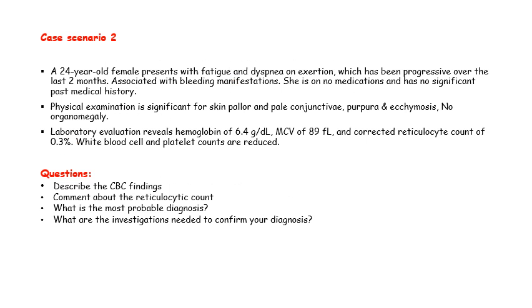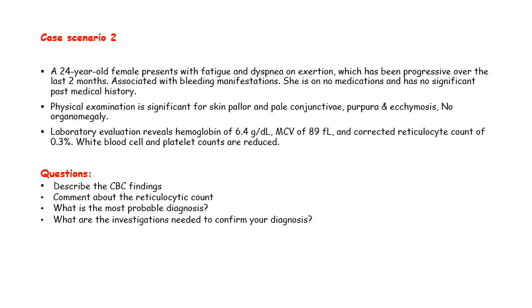The second case scenario is a 24-year-old female presenting with fatigue and dyspnea on exertion, which has been progressive over the last 2 months, associated with a bleeding manifestation. She is on no medications and has no significant past medical history.